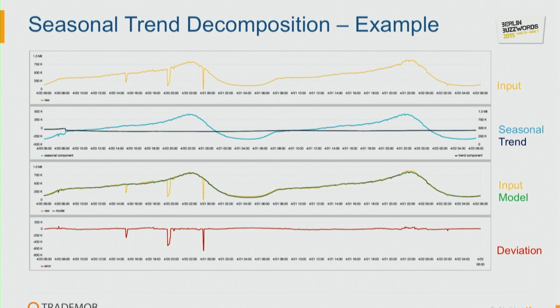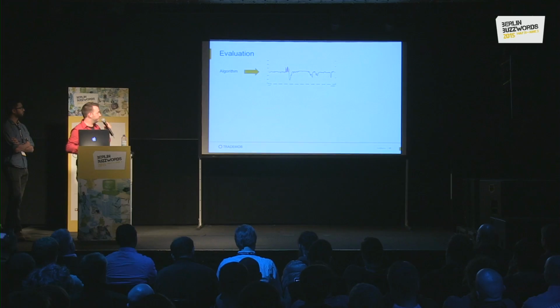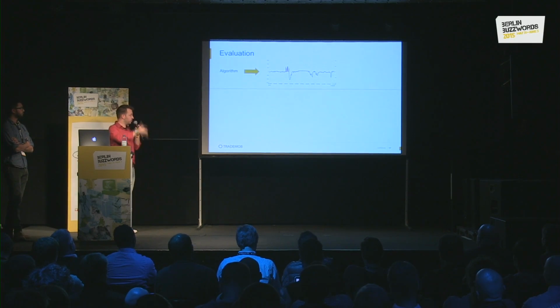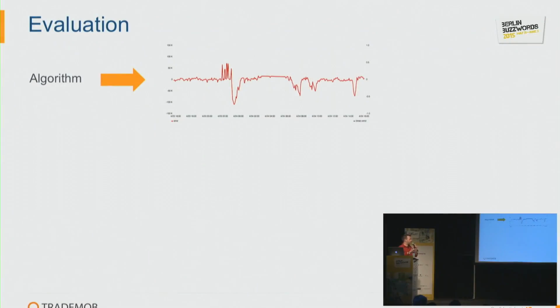Unfortunately, it doesn't look that nice all the time. So this final error distribution in reality looks more like this. So we have peaks, drops, longer ones, stronger ones. And the question is, of course, when do we want to react? So the overall goal is for sure that we have a very small number of false positives, but we want also to detect as many issues as we have.